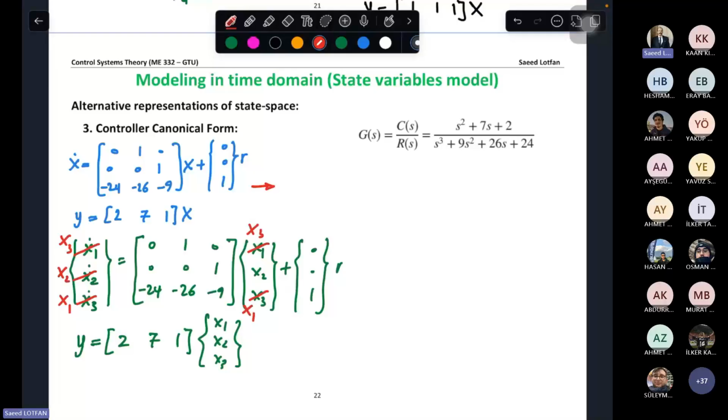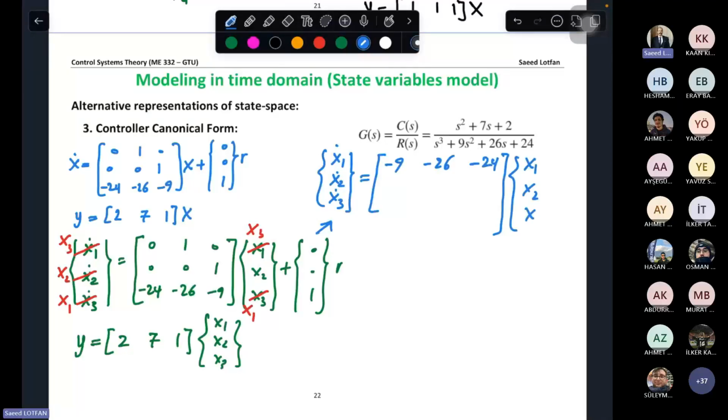Then make the order from x dot 1, x dot 2, x dot 3. Now, x dot 1 would be minus 9, minus 26, minus 24, x1, x2, x3, plus 1, 0, 0, r.